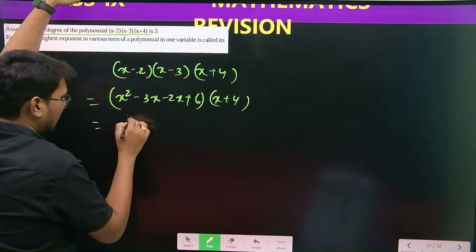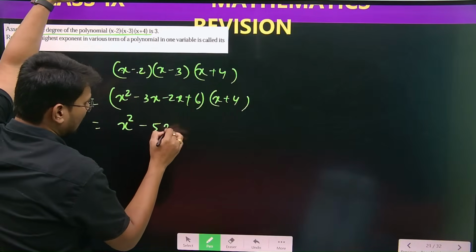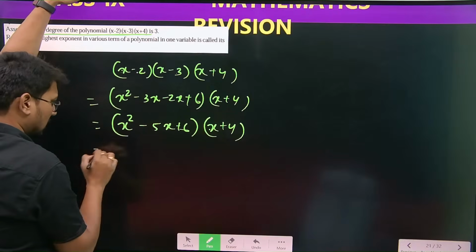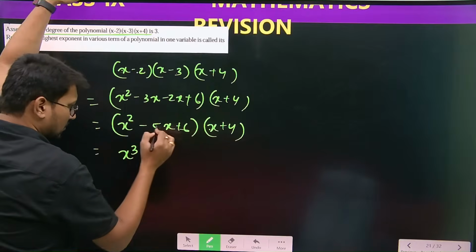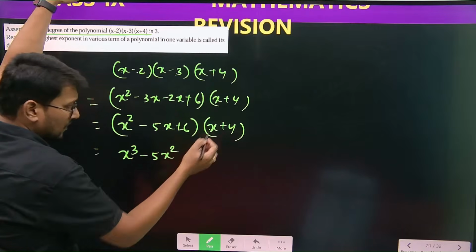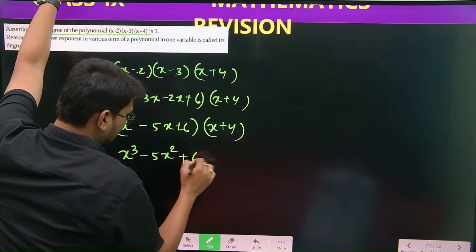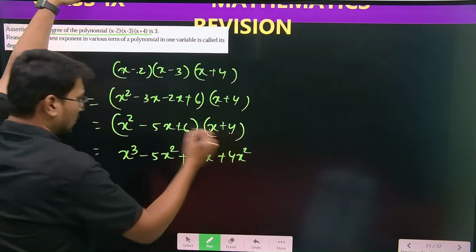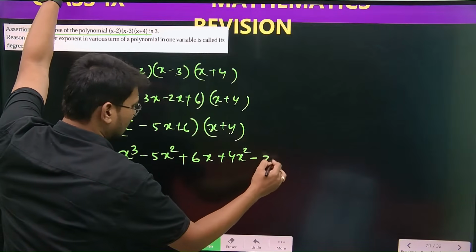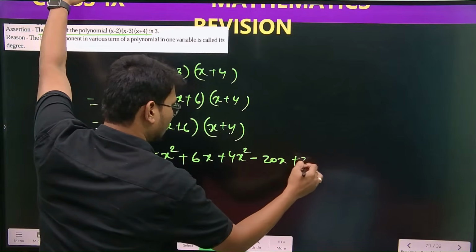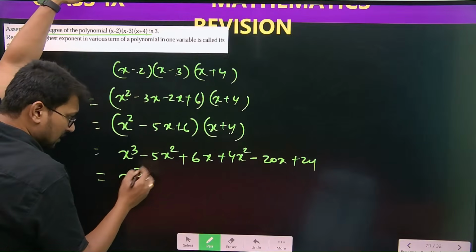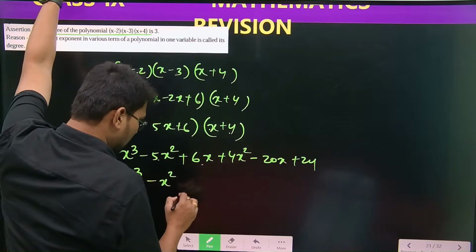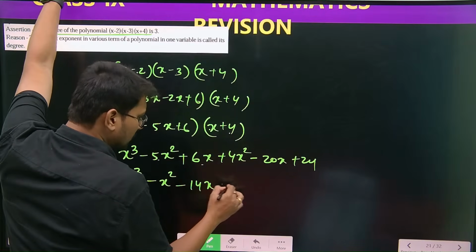Then x square minus 5x plus 6 multiplied by x plus 4. x into x square is x cube, x into minus 5x is minus 5x square, x into 6 is 6x, plus 4 into x is 4x square, and 4 into minus 5x is minus 20x, and this is plus 24. Simplifying further: x cube minus 5x square plus 4x square is minus x square, 6x minus 20x is minus 14x, plus 24.